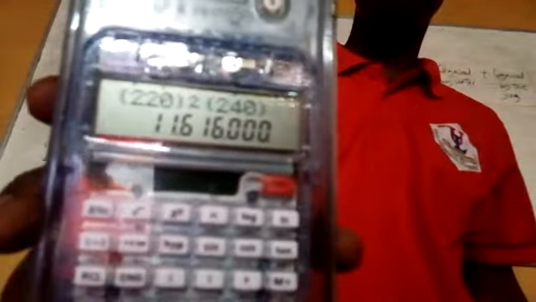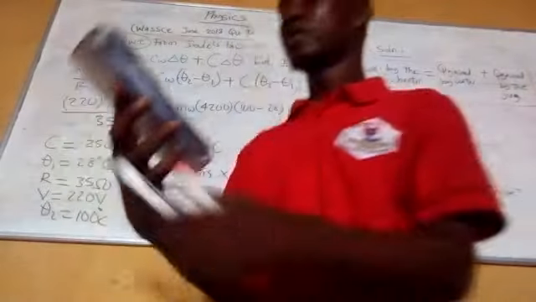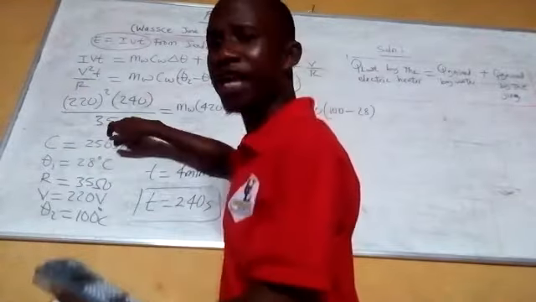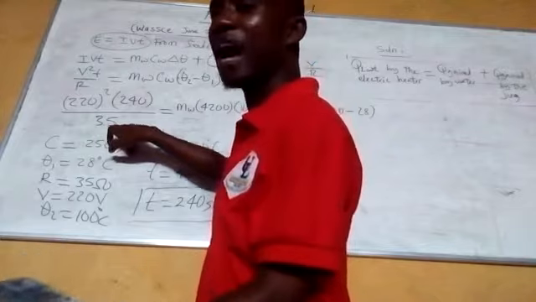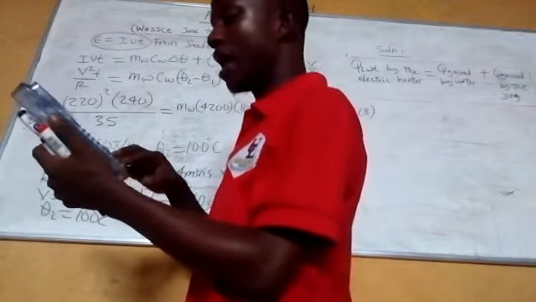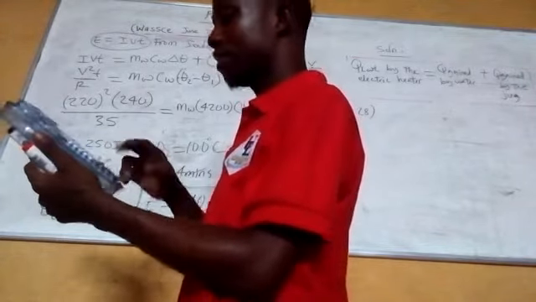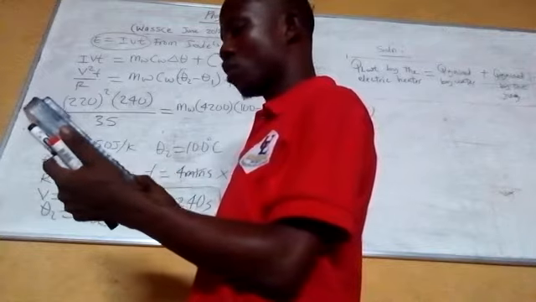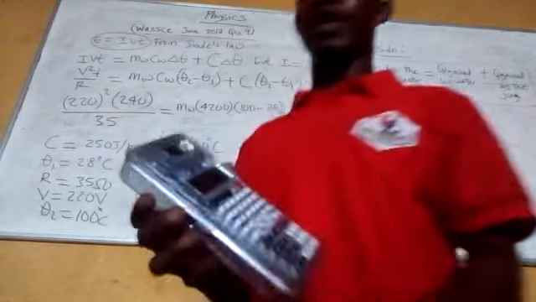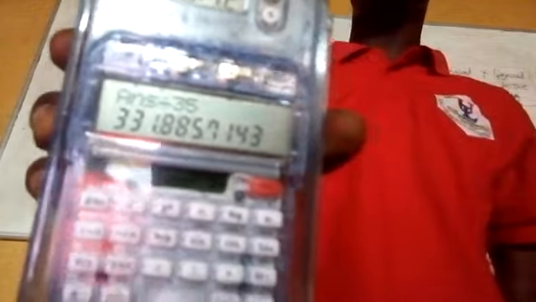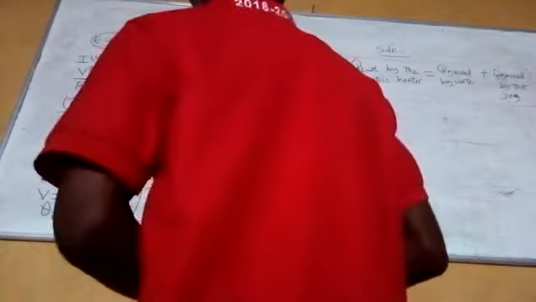This is what we get. Now, taking this value, we divide it by 35, equal to. This is what we get. So this is our result.